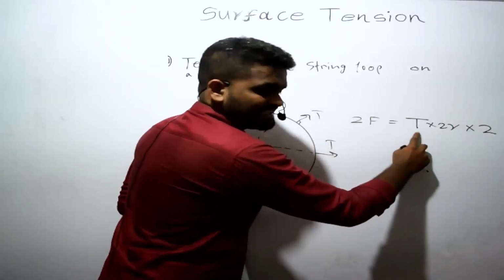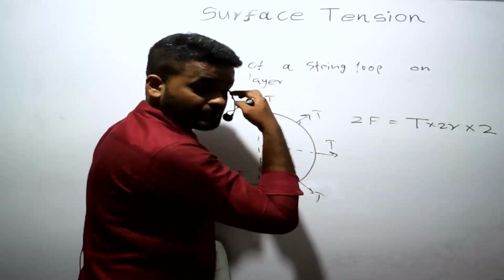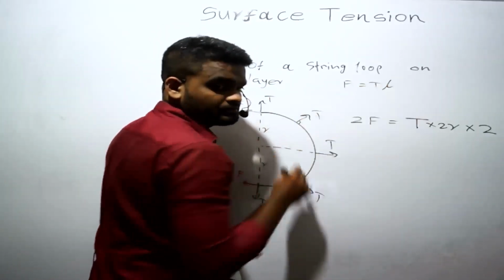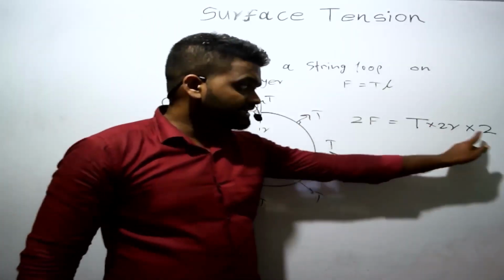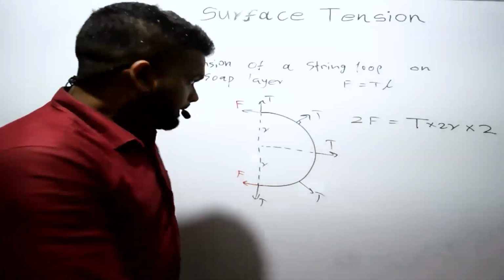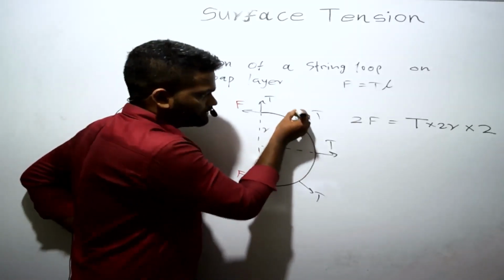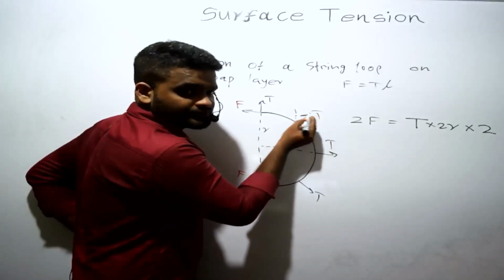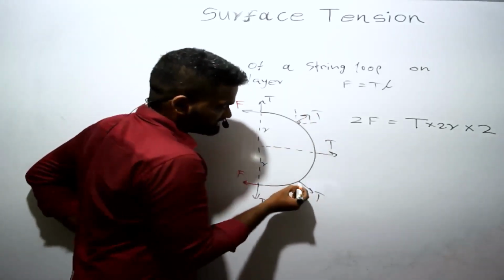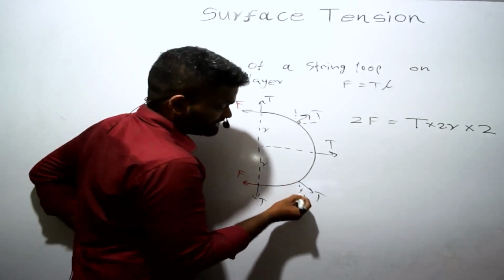Then what is this? T times length. That is how we find the surface tension force, because force is equal to TL. You multiply that by 2. Do you understand that this force has a component to this side, and there's an exact component to the other side? So these two cancel off.